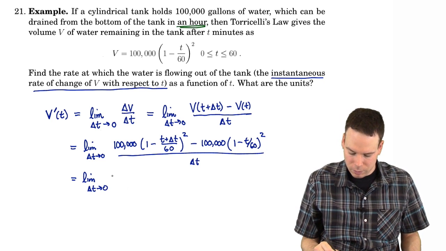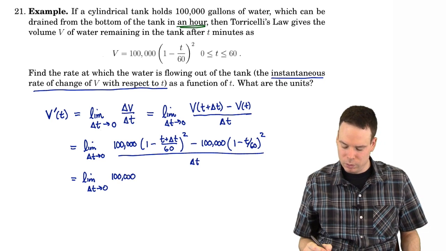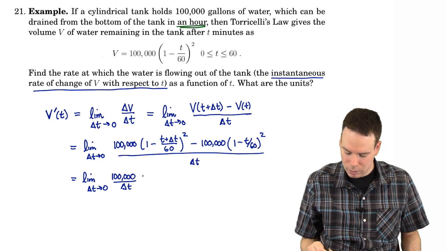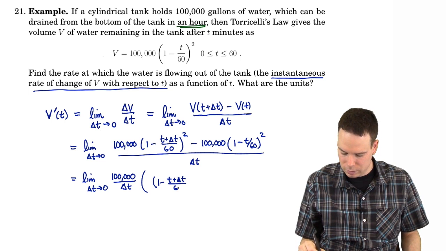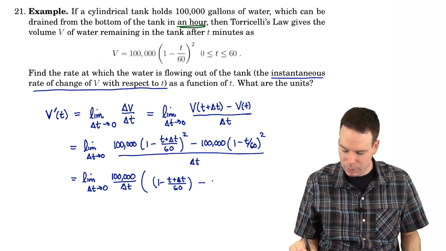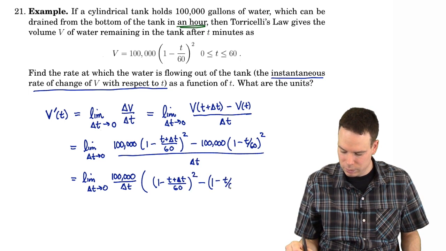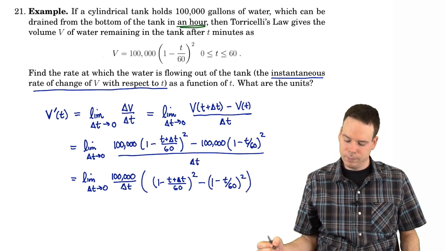So I can factor out 100,000 from both terms. I'm going to factor out the delta t from the bottom too. And what's left is (1 minus (t plus delta t) over 60) squared minus (1 minus t over 60) squared.